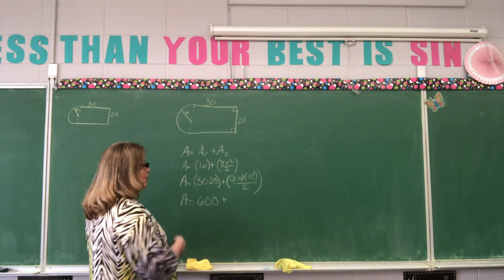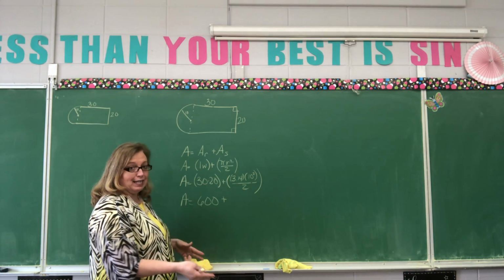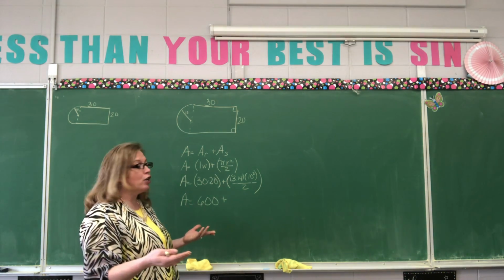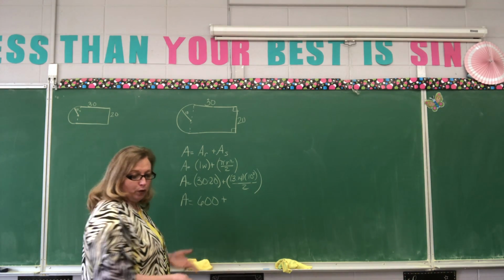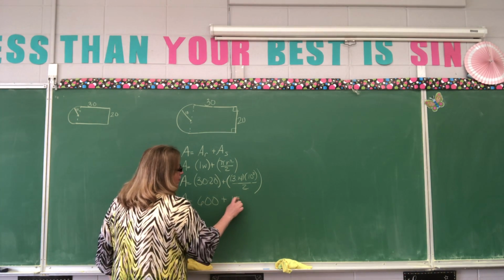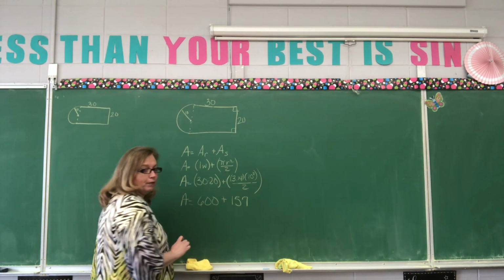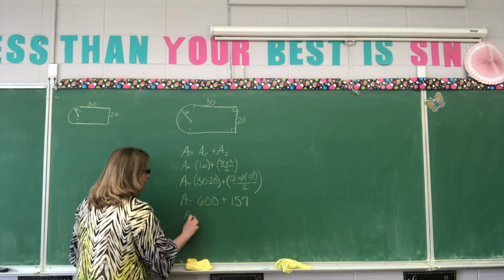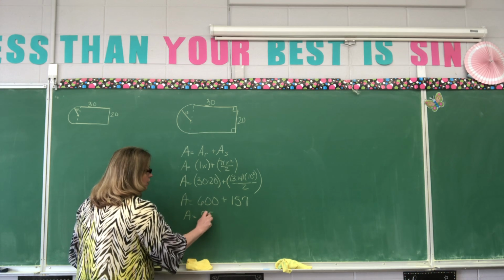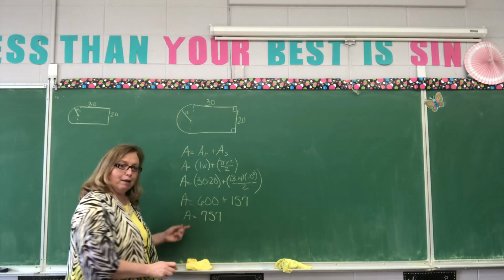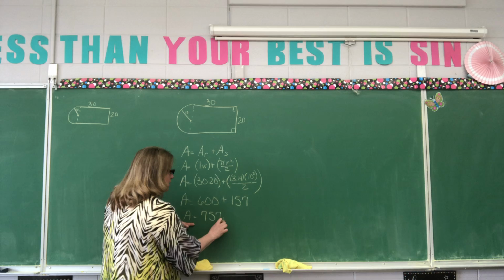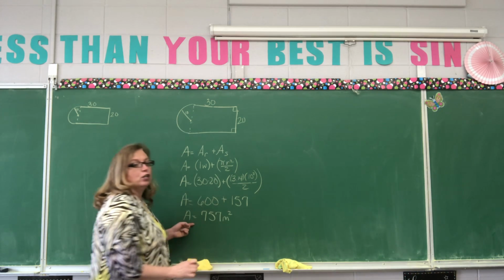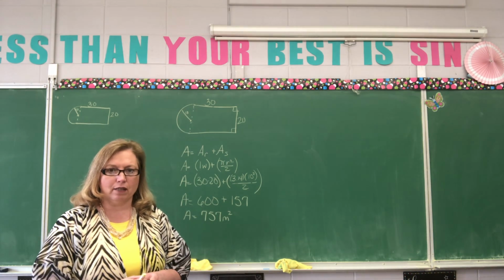So it's going to be 314 when I multiply it by 100. Now I'm going to divide it by 2, and I'm going to get 157. So now all I do is add this together. Area equals 757. I'm looking at area. That tells me that my units have to be square units.